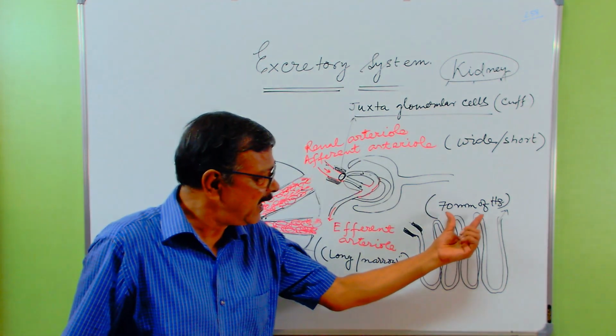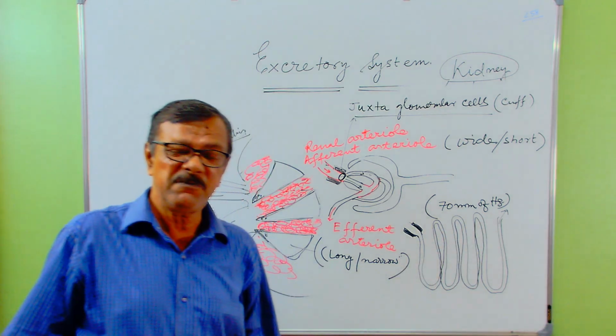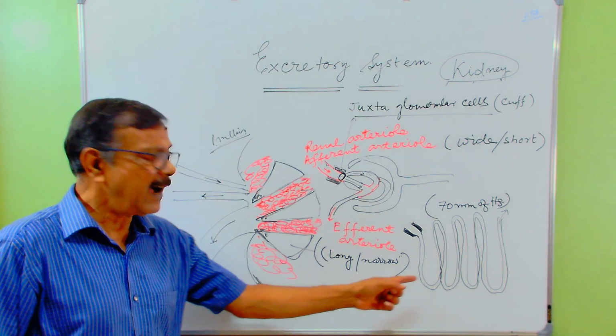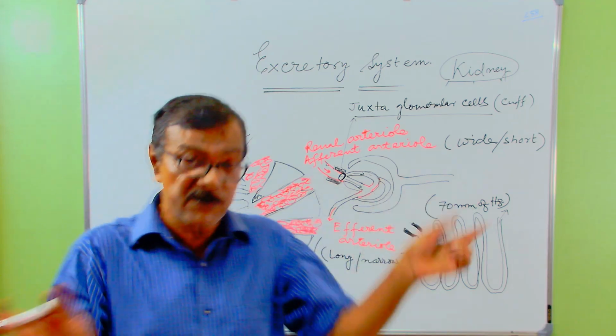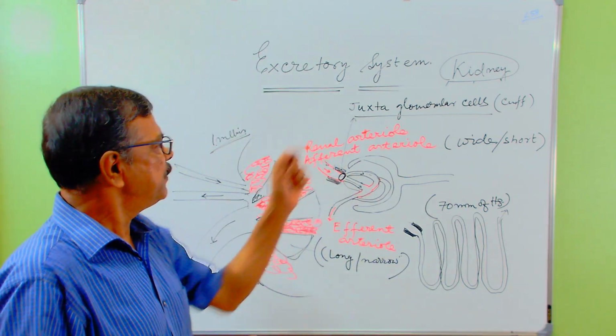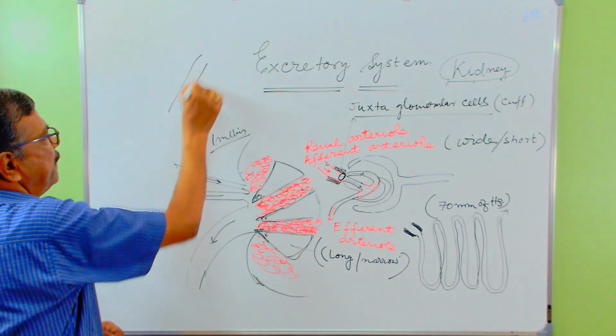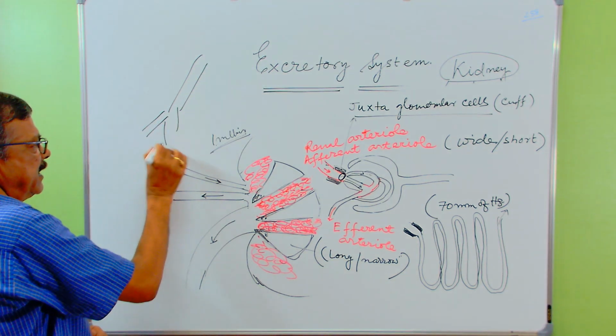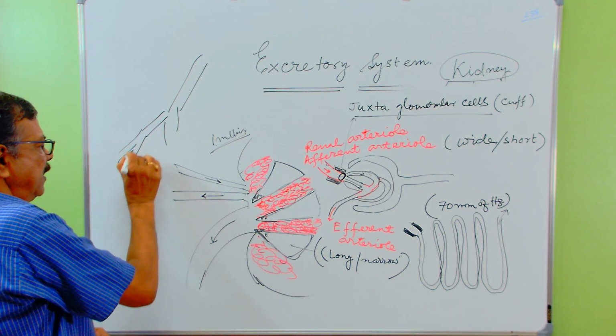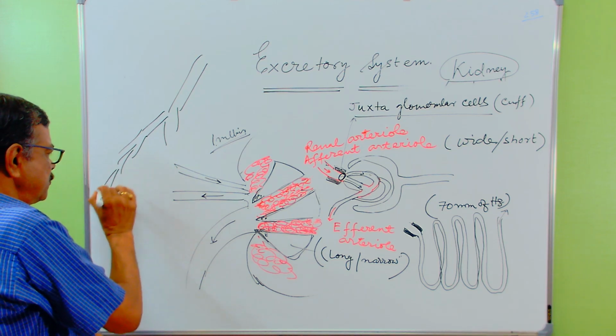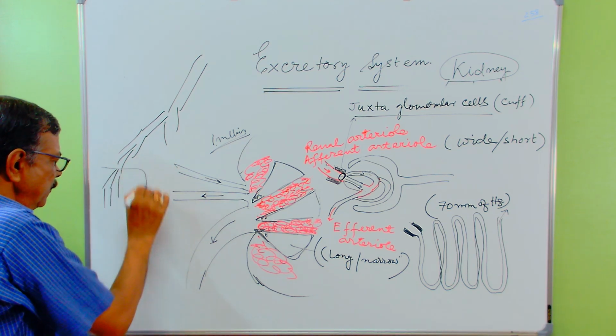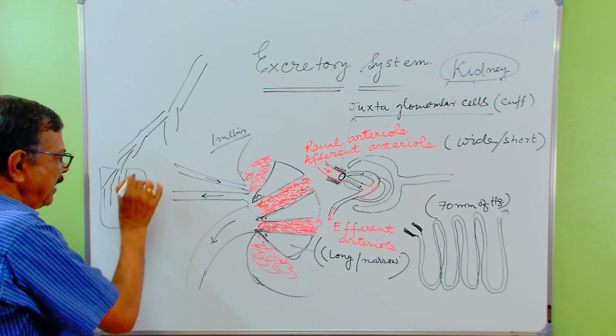This 70 mm of Hg is far more than in other capillary networks elsewhere in our body, because we have artery, which forms arterioles, arterioles to smaller arterioles, to capillary networks.